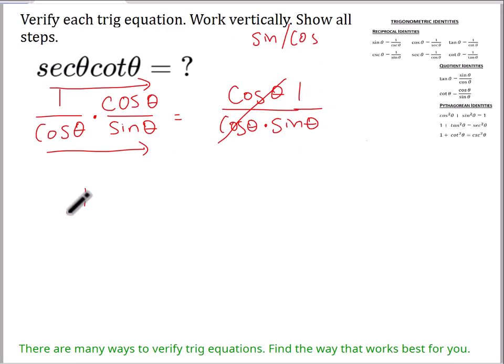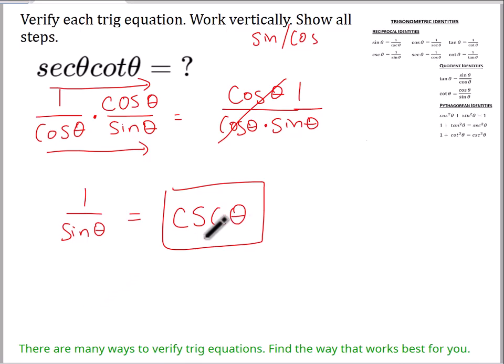And so that simplifies my fraction to 1 over sine of theta. And hopefully, if you're looking at your list of things, 1 over sine of theta is the same as cosecant of theta. And so this secant theta times cotangent of theta, when you simplify and substitute everything in, your final answer would be cosecant of theta.